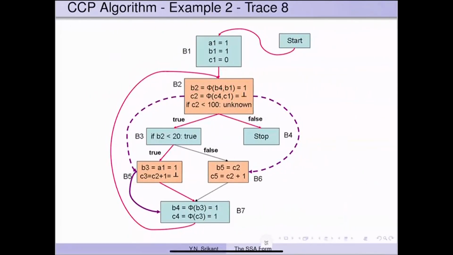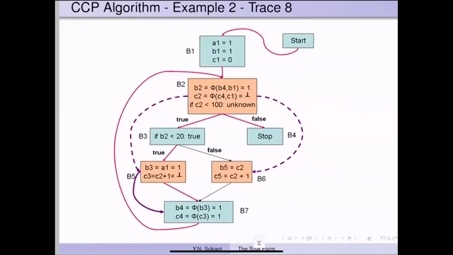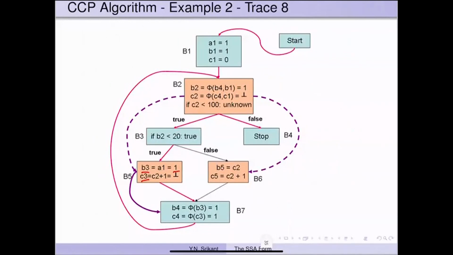So during this time, now the value of B3 is 1. It was 1 before and it remains as 1. But the value of C3 is now undefined. It's not known, not a constant rather. It's not a constant anymore.